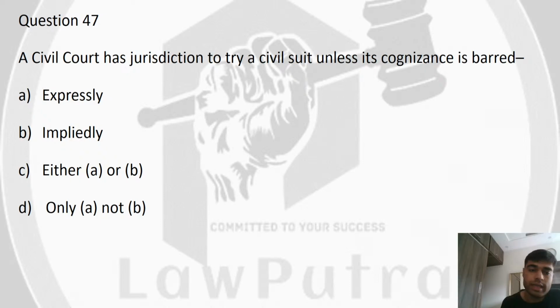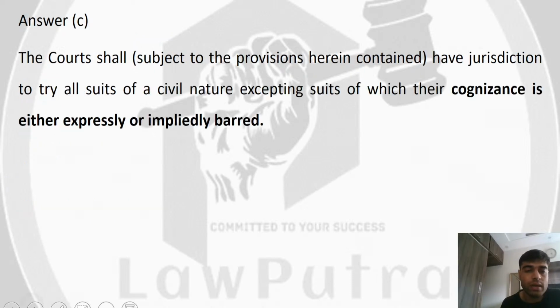Next, again this is related to section 9. A civil court has jurisdiction to try a civil suit unless its cognizance is expressly or impliedly barred, either A or B, only A or B. So the answer is either A or B. Section 9 itself makes it clear.